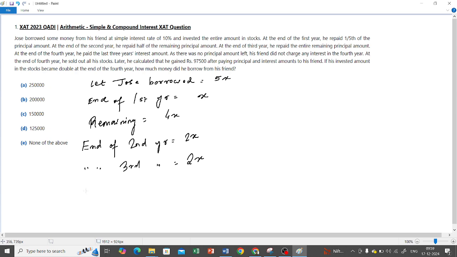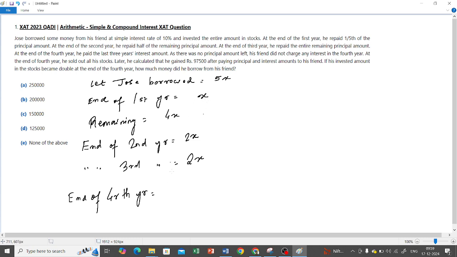Now it is given at the end of the fourth year, what did he do? He paid the interest. So what was the first year's amount?